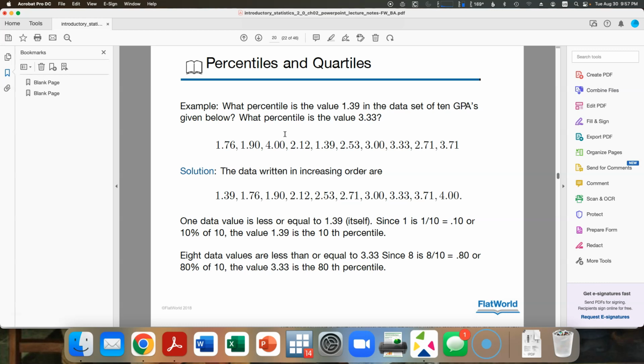So if we look at 10 different GPAs, the question is what percentile is the value 1.39 in this data set? And then asking what percentile is the value 3.33. So the first thing we need to do with this data is order it from least to highest. And that's what's done here.